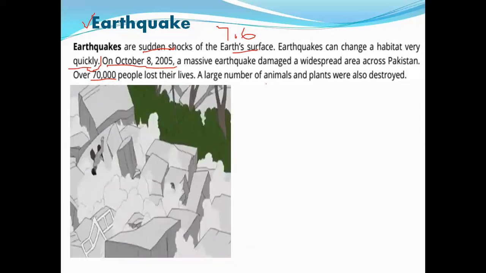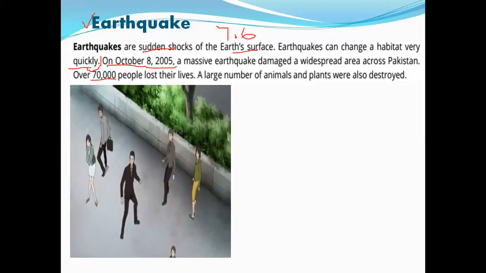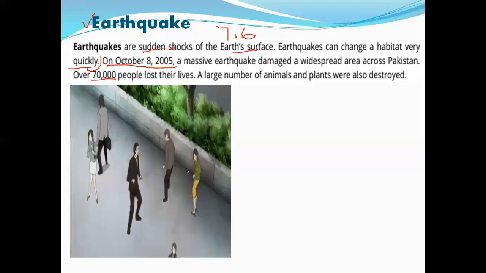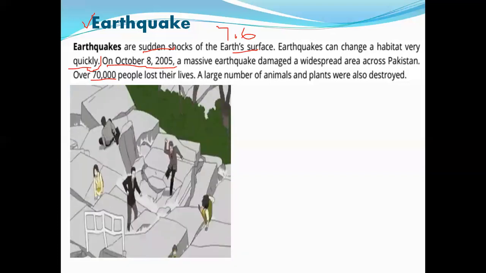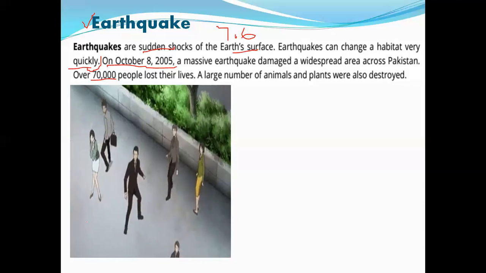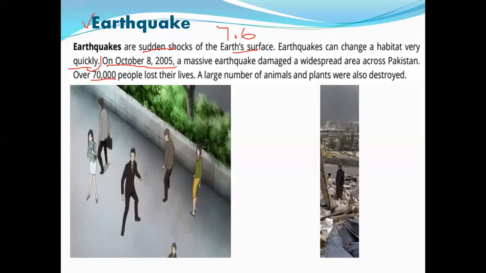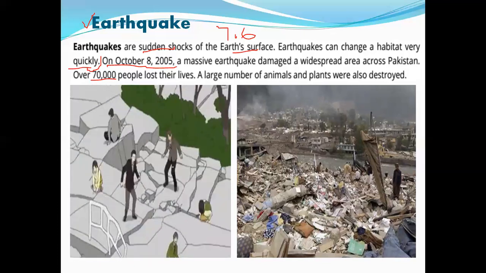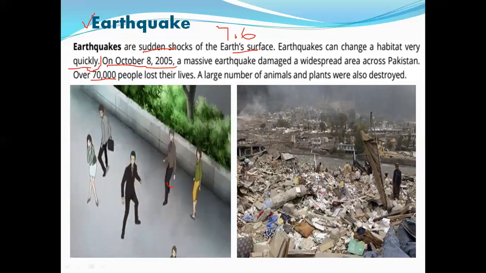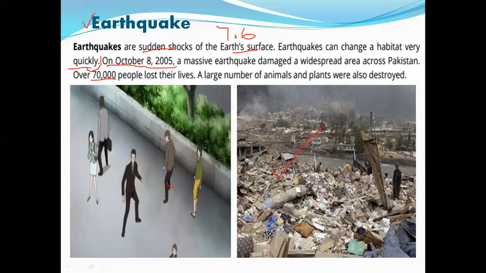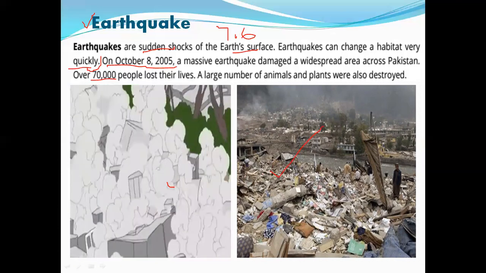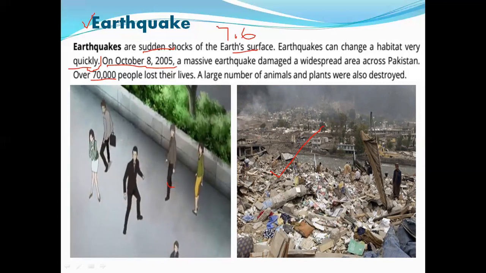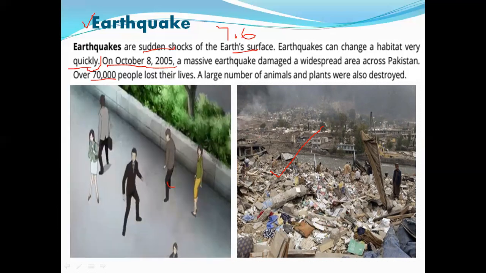If you see what the effects of an earthquake are, you can see in this image what is going to happen here. The earth is shaking and the whole area is destroyed. This is the effect of the October 8, 2005 earthquake in Kashmir, Pakistan. Lots of people died there and lost their homes.